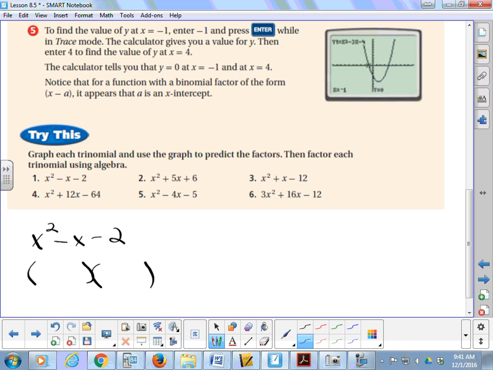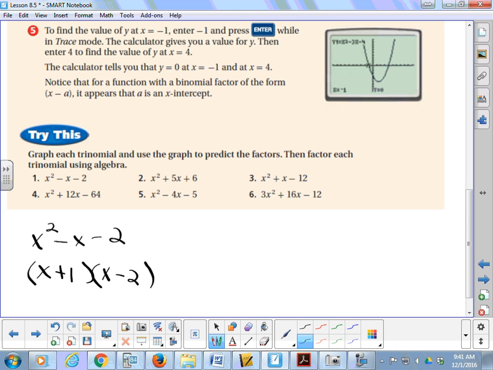There you go. You turn the plot off. So if we factor this, what are the factors of negative 2 that add up to negative 1? Okay, negative 2 and positive 1. So this would be x plus 1 and x minus 2.